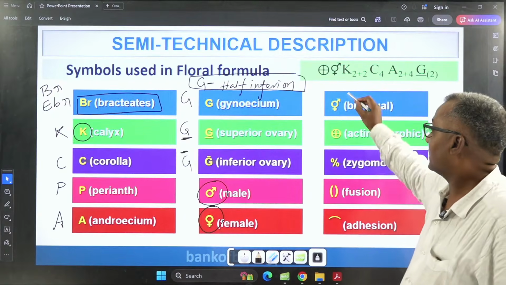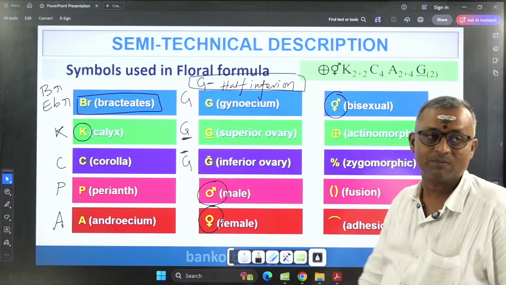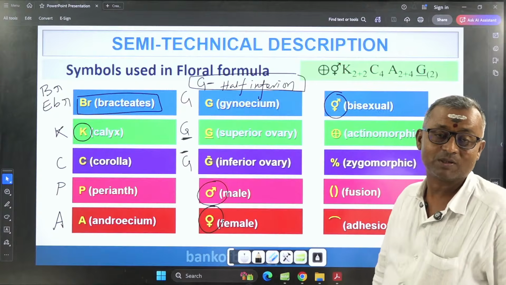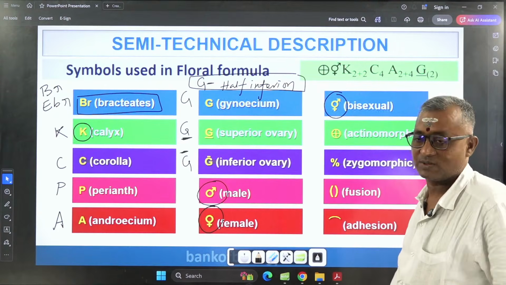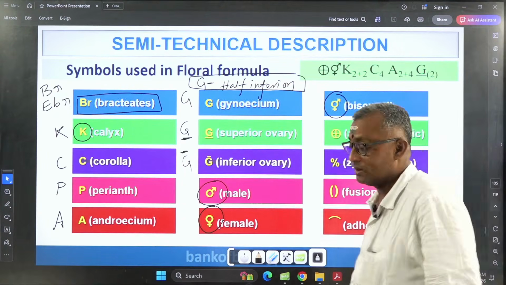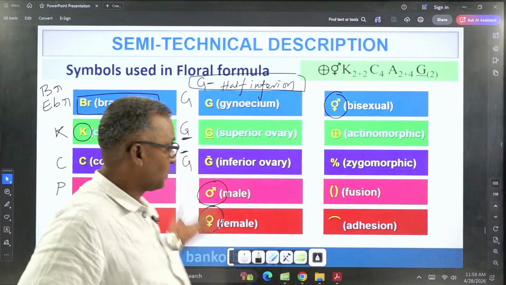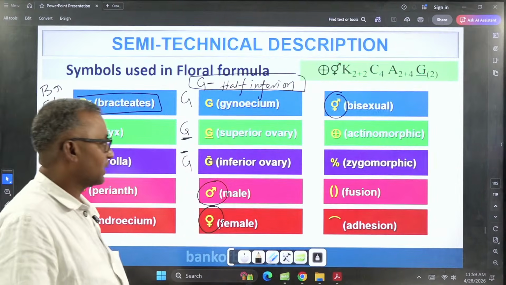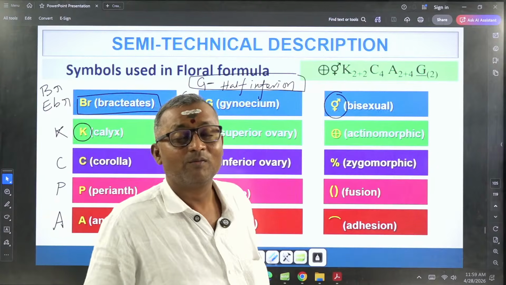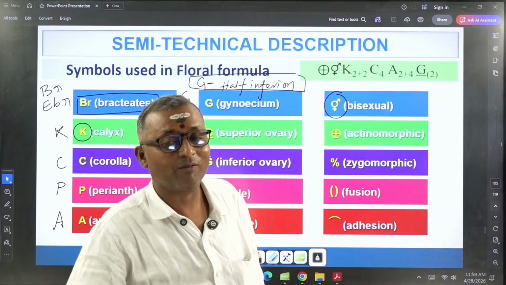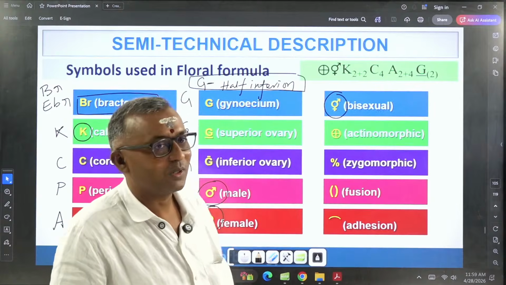If the flower is bisexual, then it will be represented with this symbol. You have to remember all these symbols. Of course, there are many more symbols. To explain these symbols alone, we would take 1 hour in your offline classes. I am giving you only the basic things.